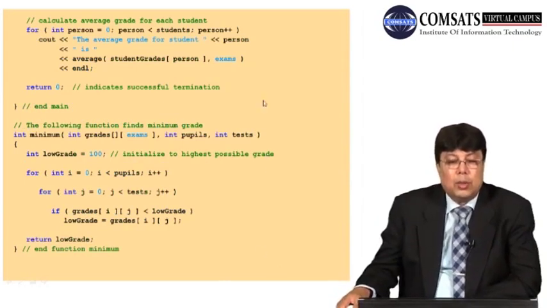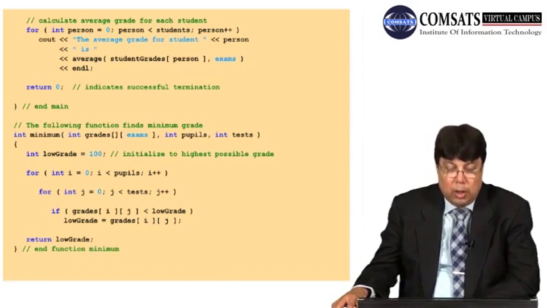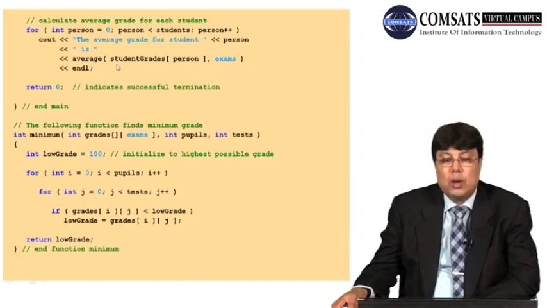Calculate the average. So we calculate the average. For each person, until the person is less than the total number of students, person plus plus. The average grade of the first person is, we call the function here, and since we are passing only that particular row, in that particular row we are passing the grades of a person.